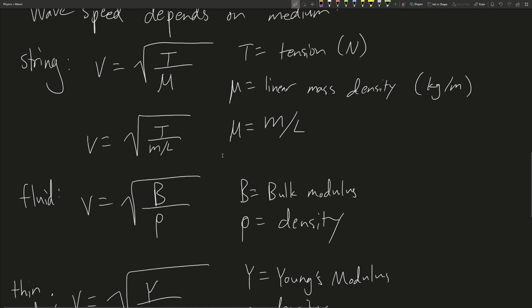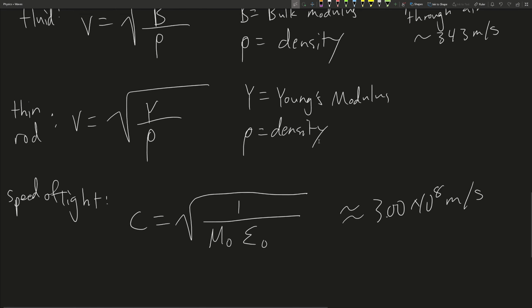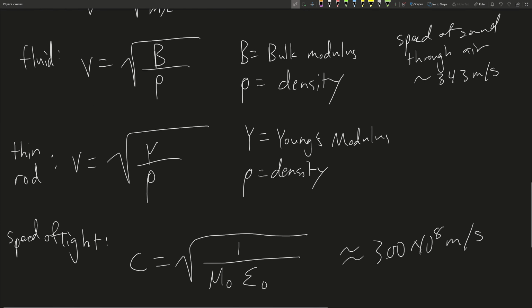Okay, and one more thing I want to mention: the speed of sound through air, I'm pretty sure at about 20 degrees Celsius, is going to be roughly 343 meters per second. And you see here that the speed of light is about 1,000,000 times faster than the speed of sound.